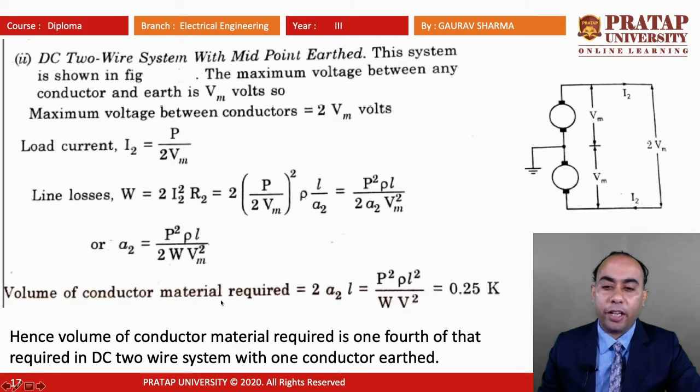The volume of conductor material required is 2 A2 L. When we compare this to the basic equation, it is equal to 0.25 K. Hence the volume of conductor material required is 1/4 of that required in the DC two-wire system.